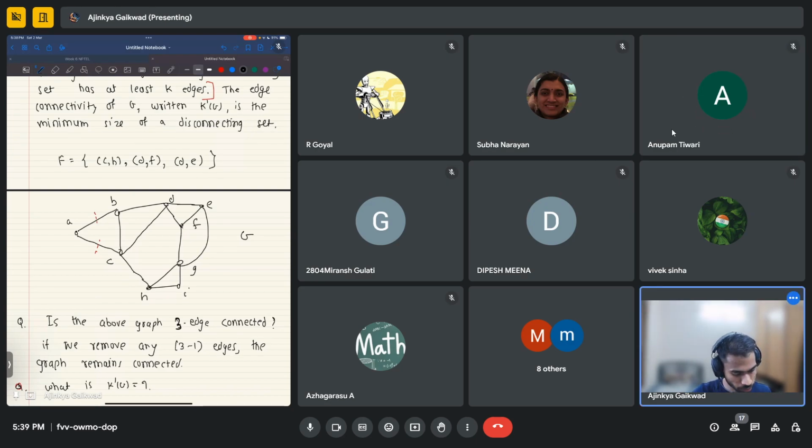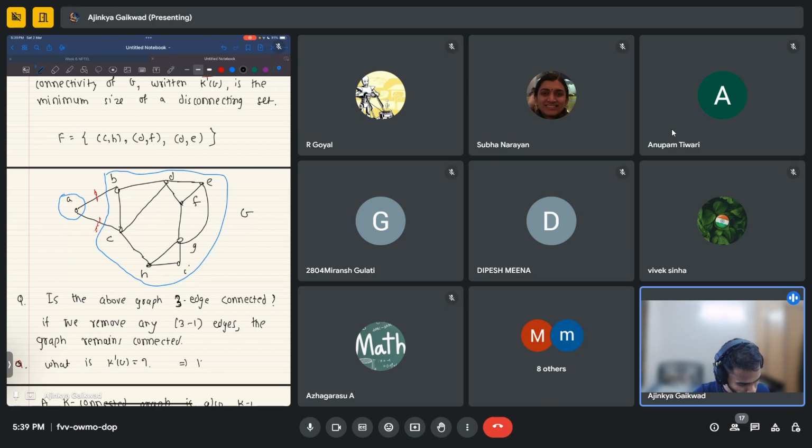Because we have found two edges, removal of which makes the graph disconnected, because I get this as one connected component and the rest of the things in another connected component. Now if we try to find a disconnecting set containing only one edge, this is not possible. If you try removing only one edge every time, you will see that the graph is connected. So the edge connectivity of this graph is 2. So k prime of G is equal to 2.